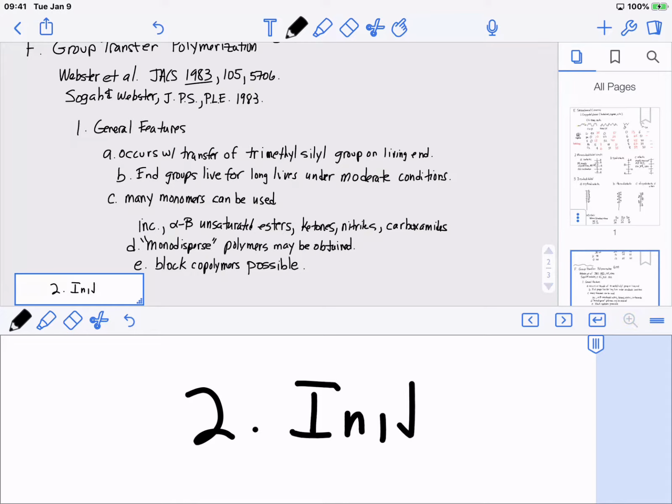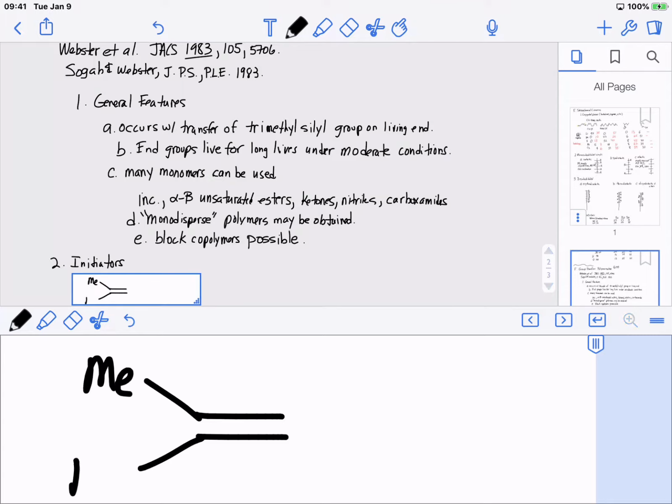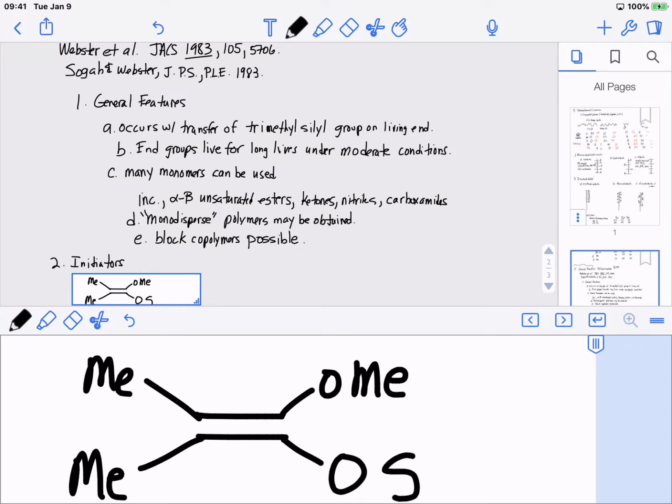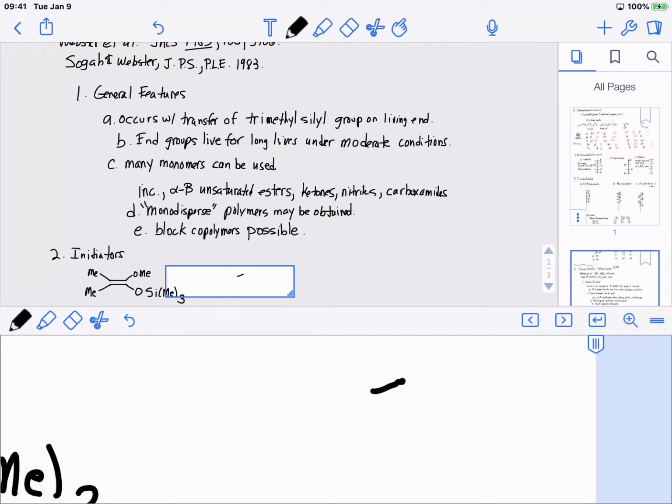Initiators. Okay, the initiators are things like this. It's got a trimethylsilyl group on it.